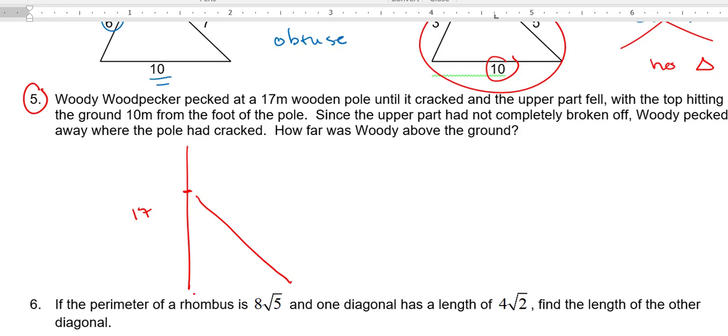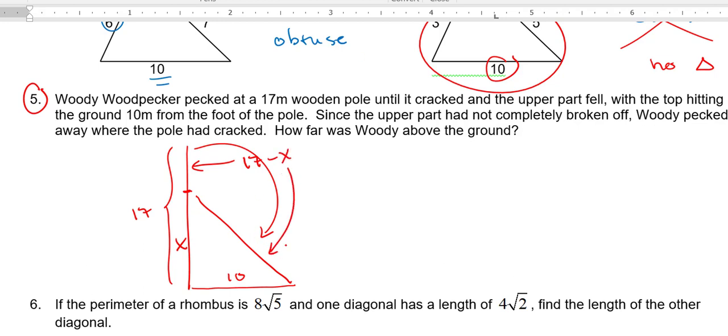The ground is 10 meters from the pole, so this is 10, and let's call this was 17. Let's call this x here, so that really what this portion has now dropped over to here, and that portion is going to be 17 minus x. So that's what this third side is right there.